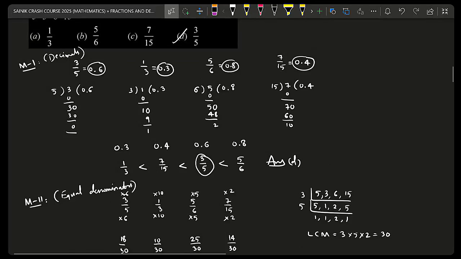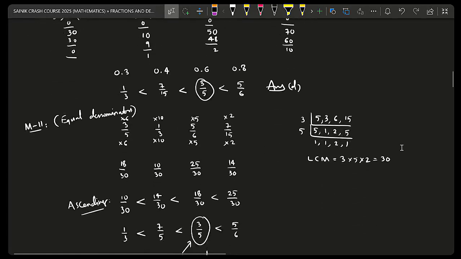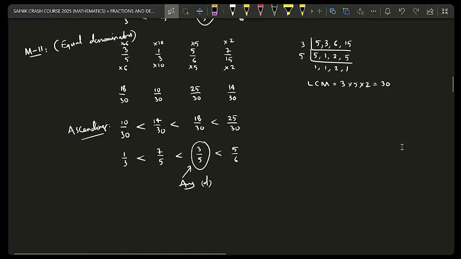Students, if you want to explain a third method, raise a hand. Shanai, can you explain any other method? Sir, equal numerators. Okay. Yes, method number 3. Let's try equal numerators.